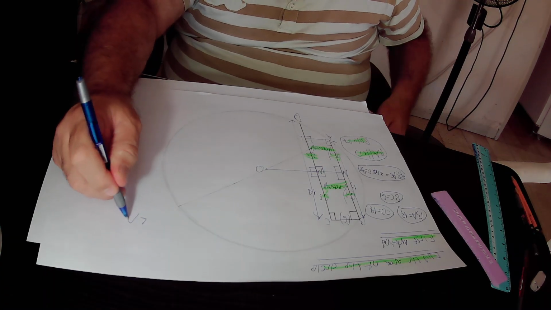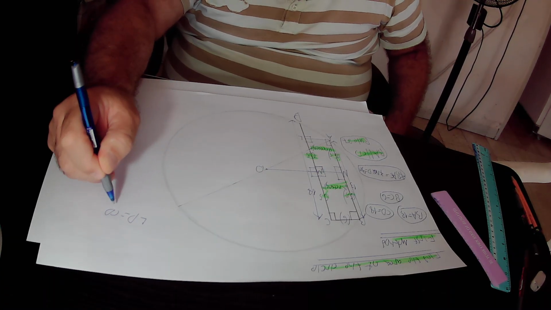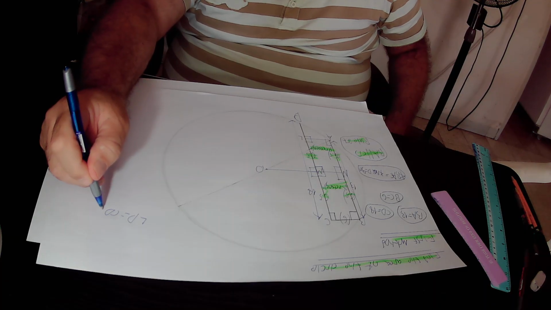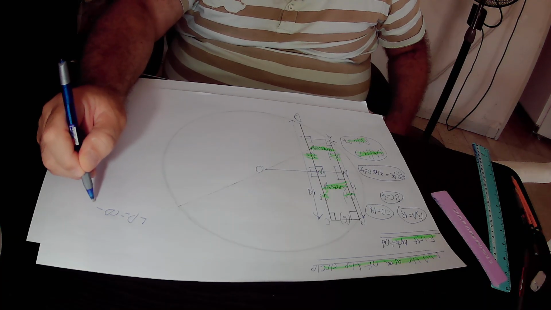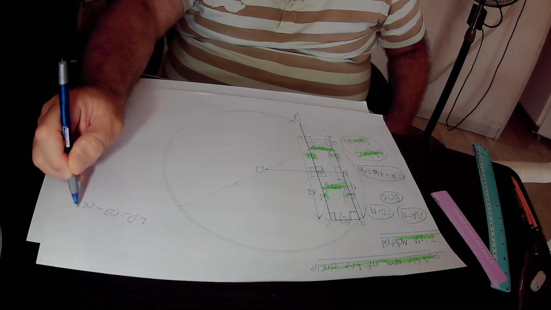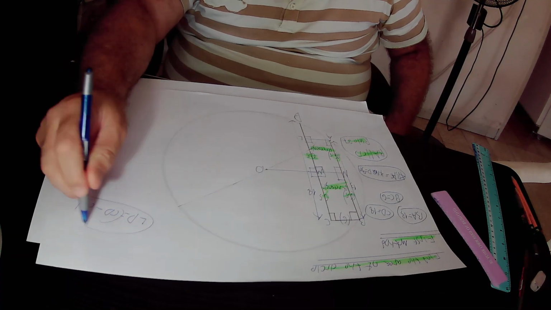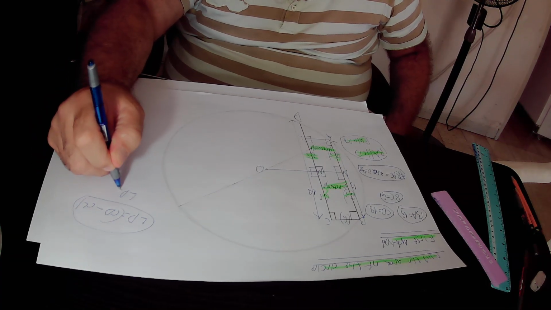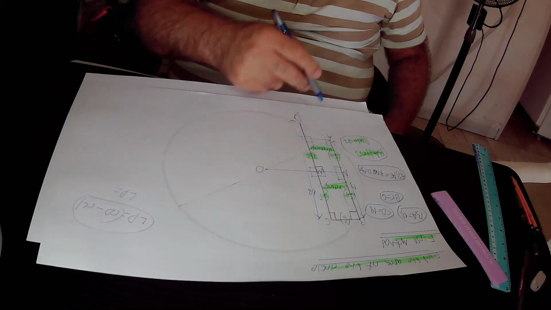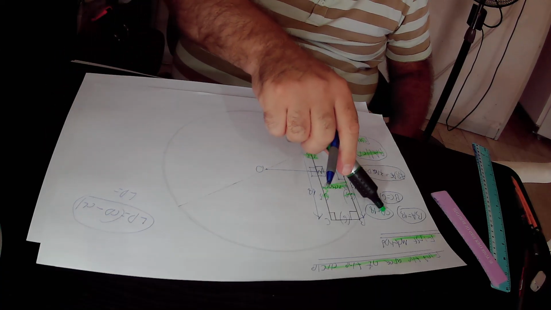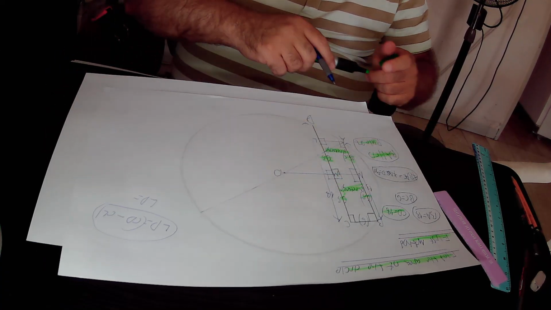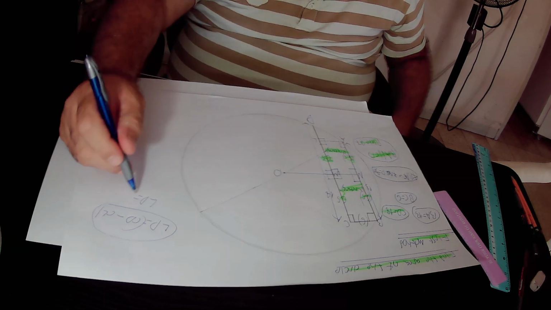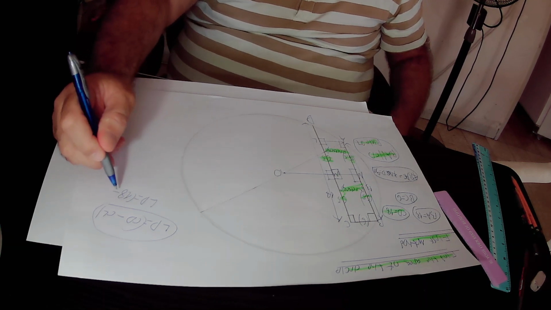LD equals CD minus CL. So LD equals CD. CD equals 8 units in its length, according to what is given in the question, minus CL.